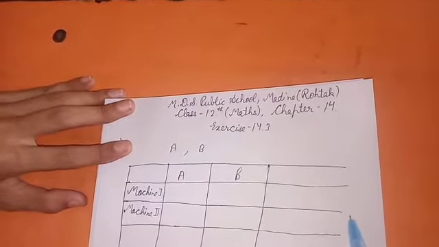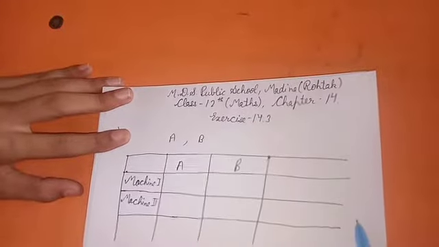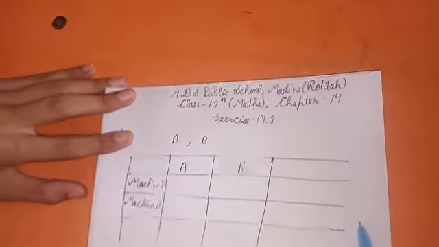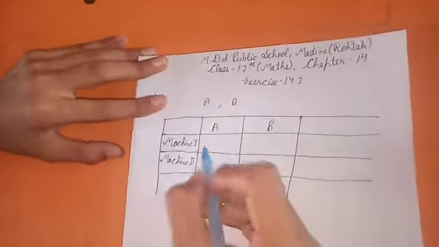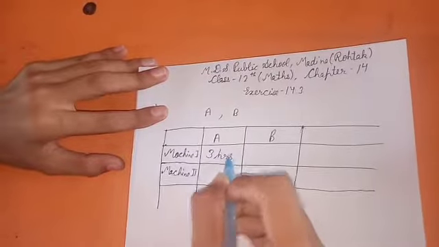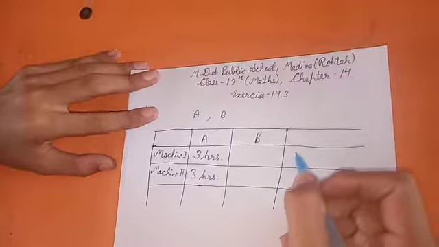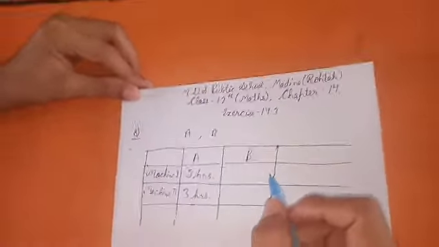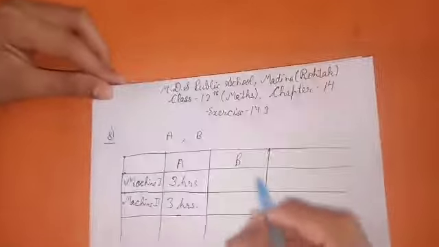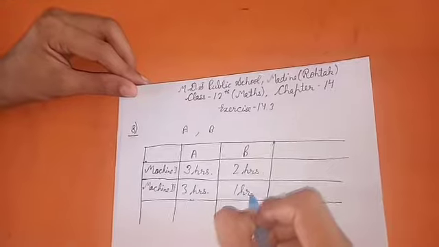Whatever they have given to us is, each unit of product A requires 3 hours in both machines, so 3 hours in machine 1 and 3 hours in machine 2. And product B takes 2 hours in machine 1 and 1 hour in machine 2.